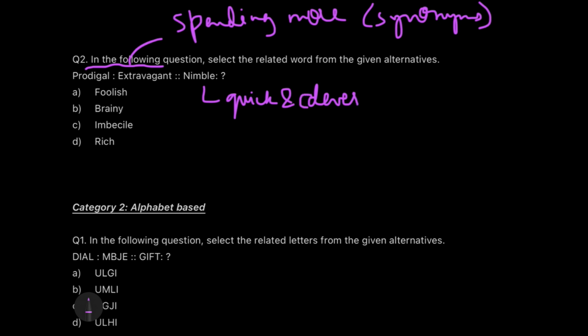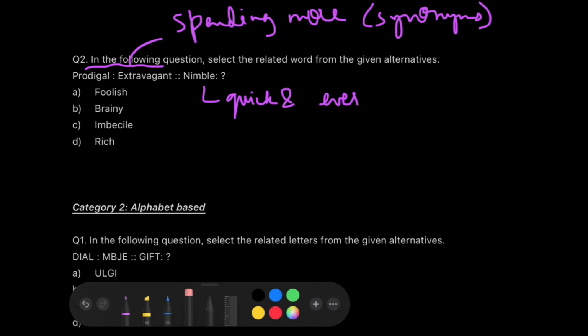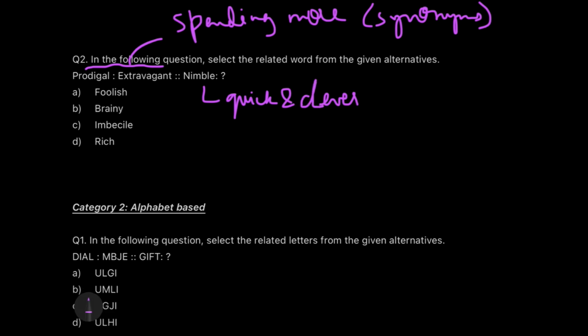So what will be the word which will actually suit it? Let's find out and check. Foolish, of course not. Brainy, yes. Imbecile, no. Rich doesn't really relate. So therefore, I'll go with my answer as brainy, because brainy is the synonym of nimble.